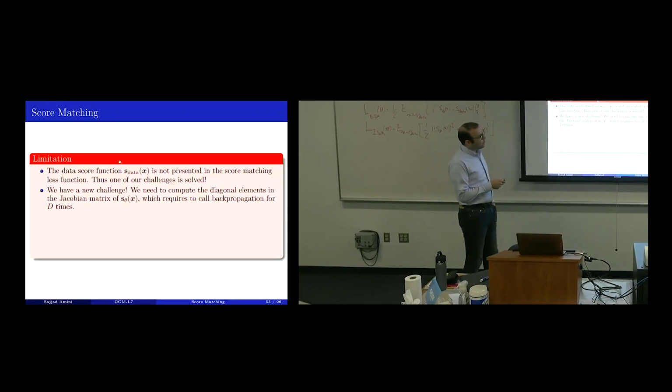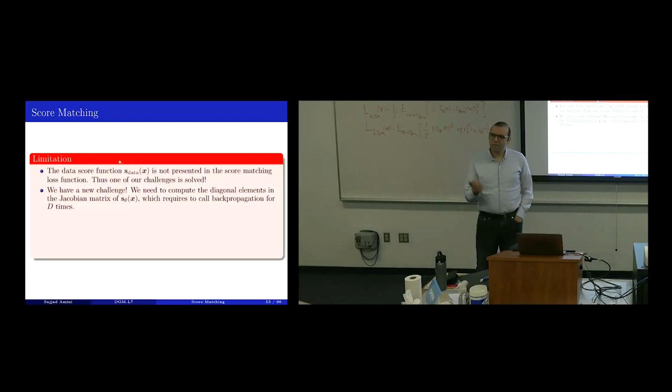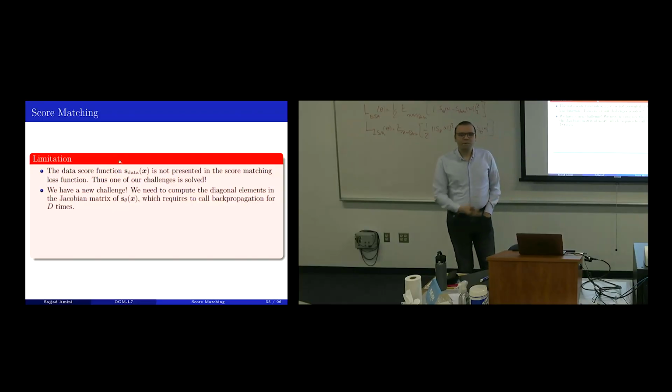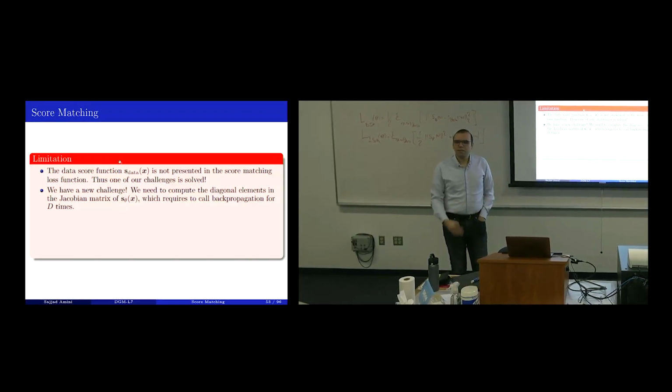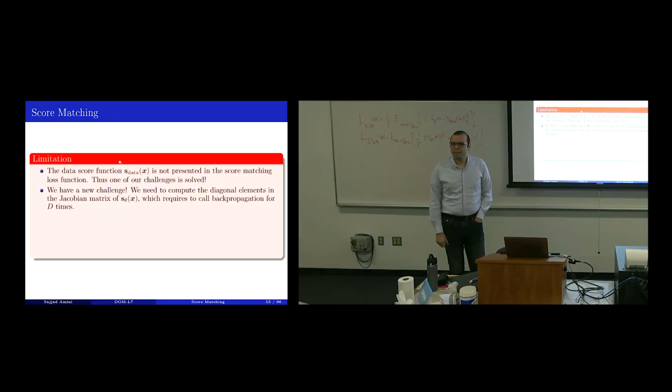It is that we need to compute the diagonal elements in the Jacobian matrix of S theta of X, which requires to call back propagation for D times. And this is really challenging. For example, for one data point, when you are training the model, you have lots of these calculations. And when each of them needs D backpropagation, it means that it is not scalable to high dimensional data. Does it make sense?